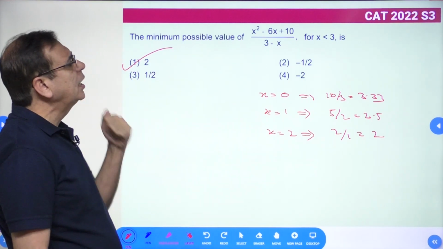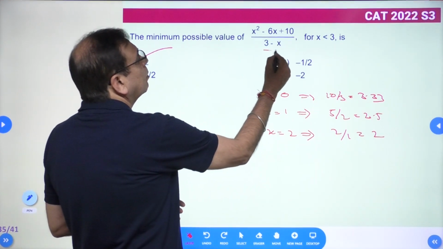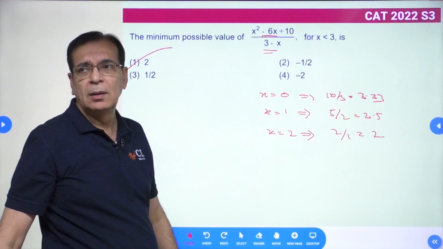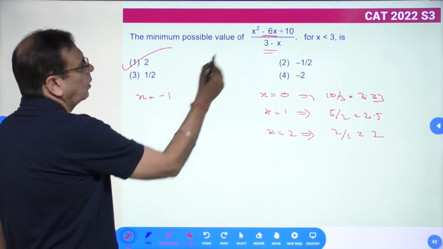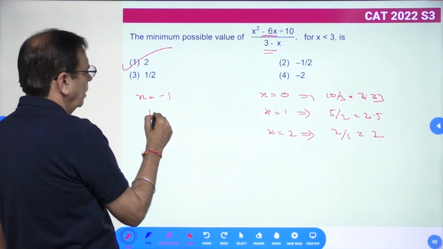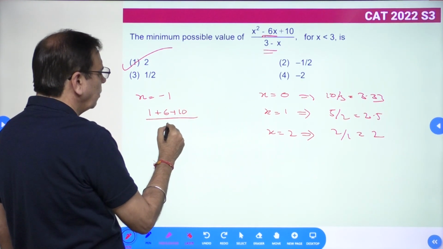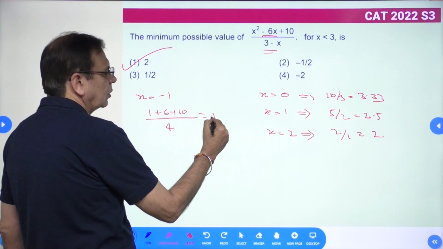Okay. Negative side pe aate hain to kya hoga? If x becomes -1, what will happen? This will also become positive. X अगर -1 है तो क्या होगा? If x equal to -1, this will become 1 plus 6 plus 10 upon 3 minus 1, 4. 16 plus 1, 17 by 4, which is 4.25.